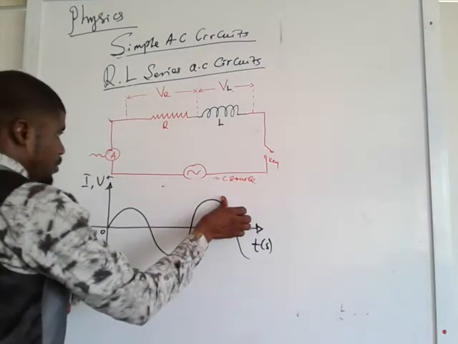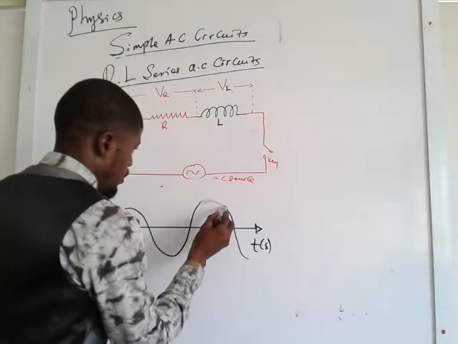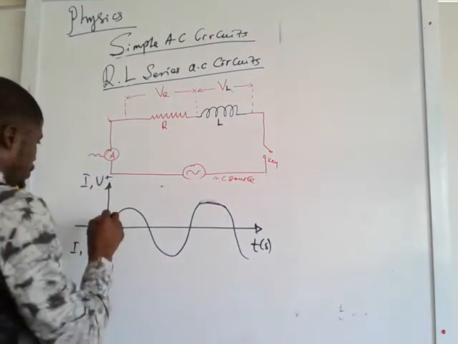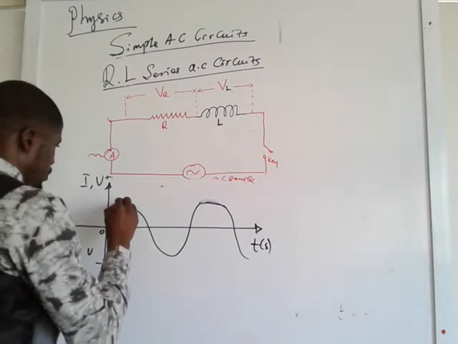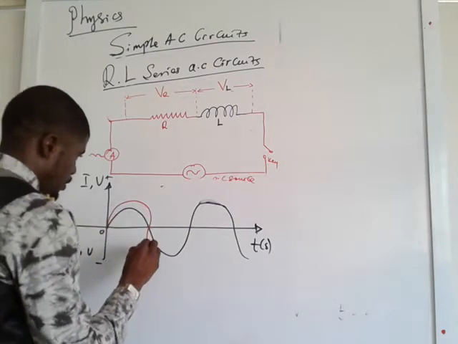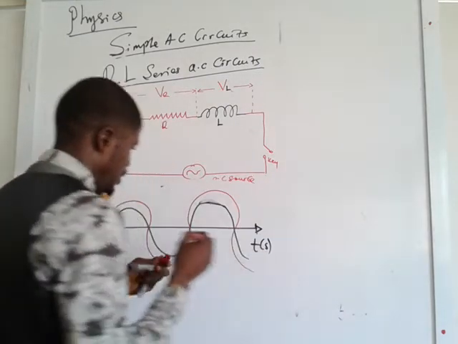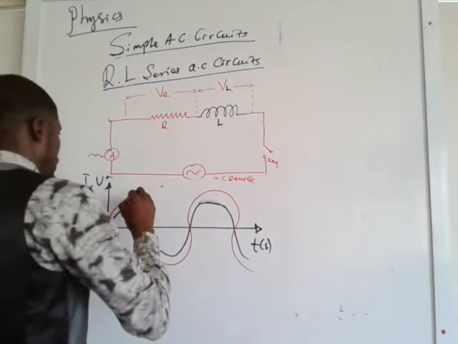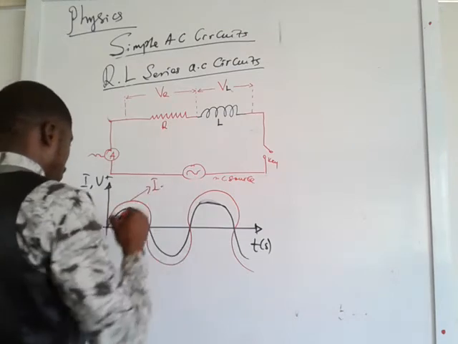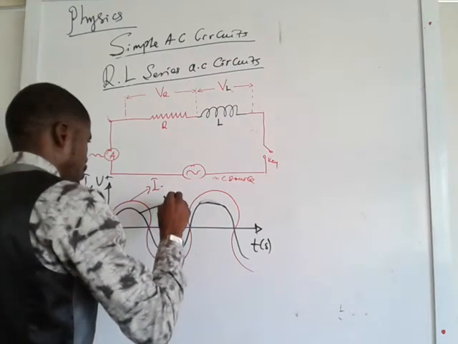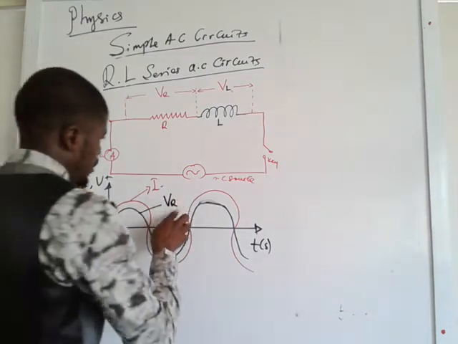Again, we use the red for our current. The current and the resistor will be in phase. So this is the current, and this is the voltage across the resistor R.